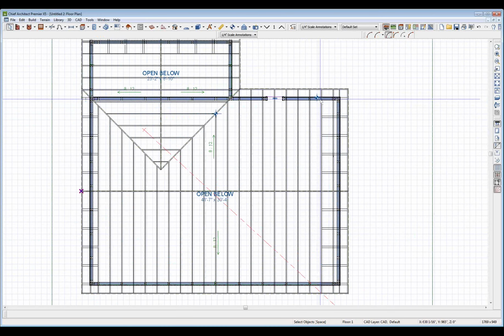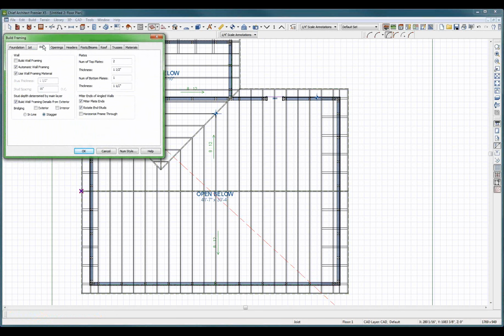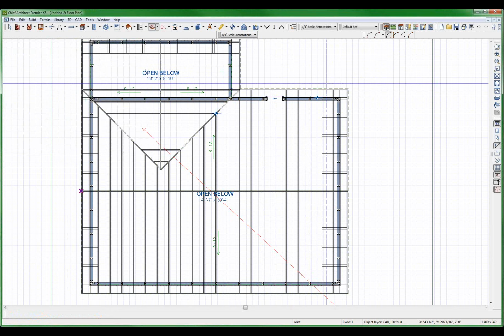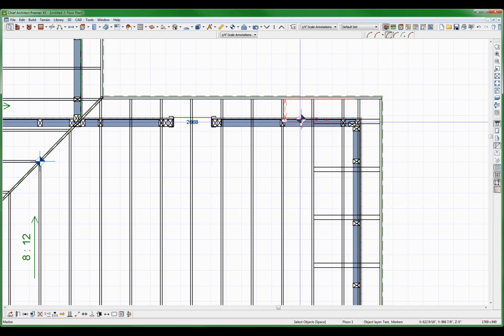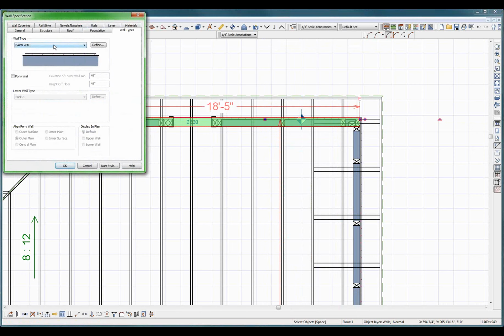Is that framing reference not working now? Automatic. Okay. All right, change this wall to open.